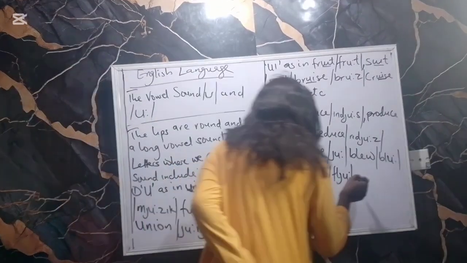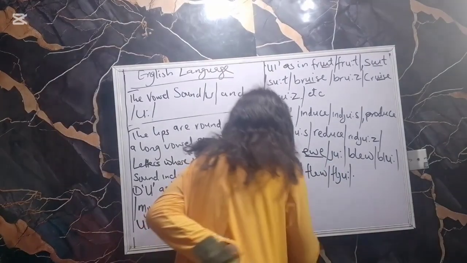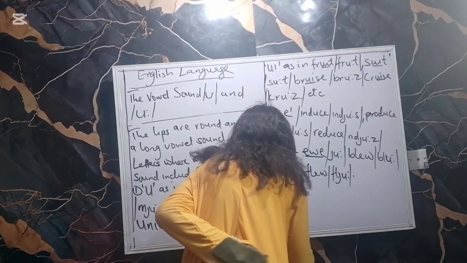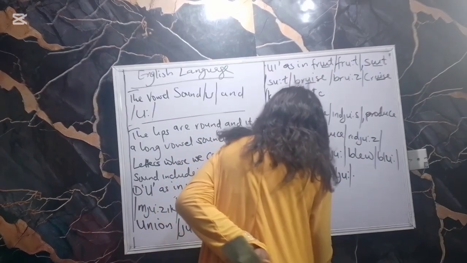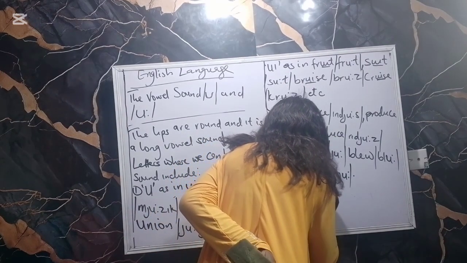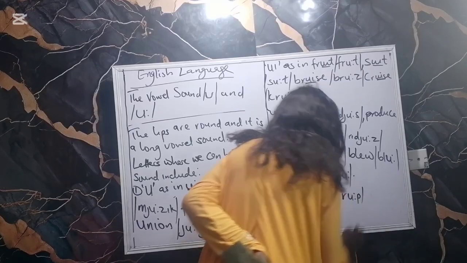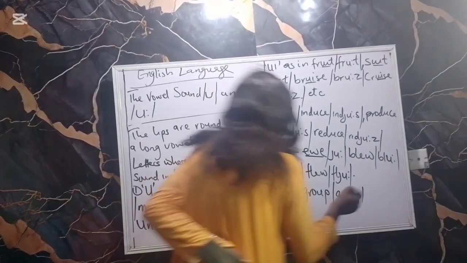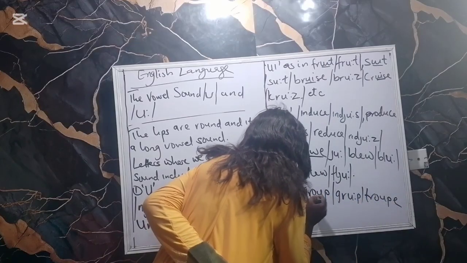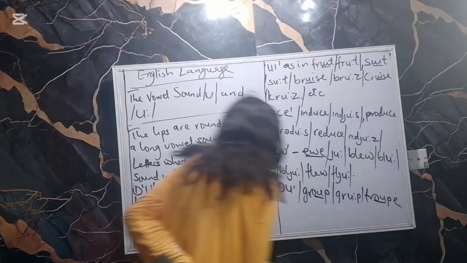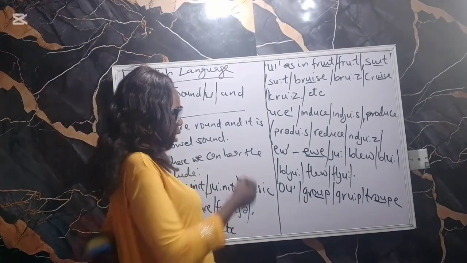Okay, you can also see it in letters like OU. In OU, you have something like group. You also have troop. Remember OU. It will help you when you know where the letters are and where the sounds should be.